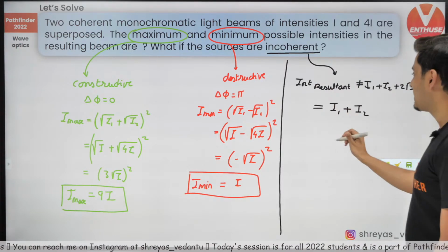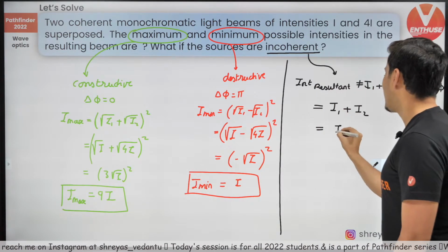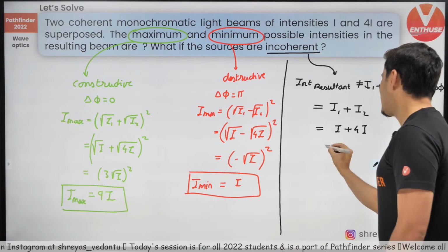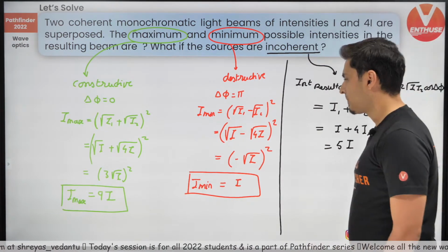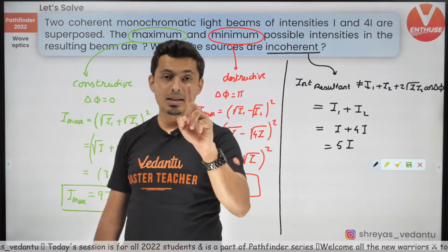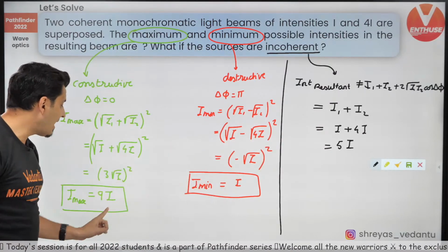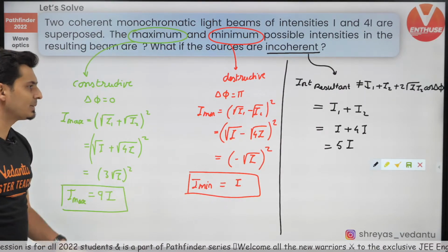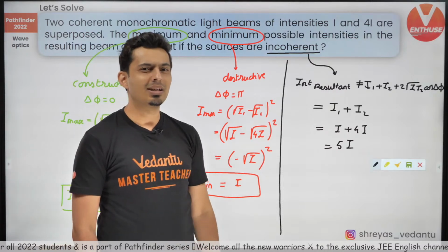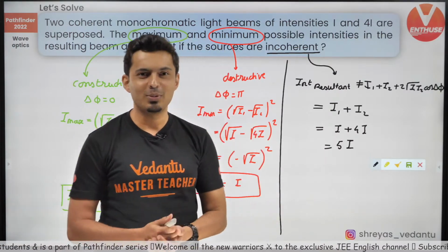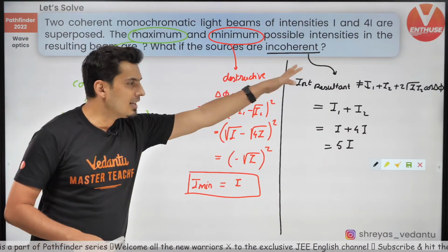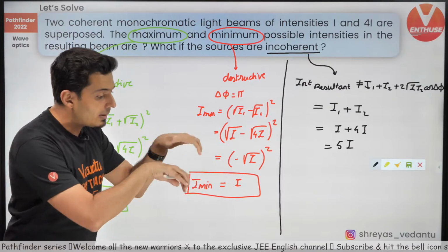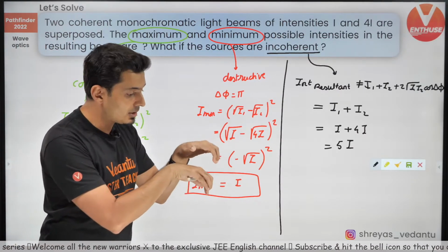You just do the simple addition, and that will be nothing but I plus 4I, which is just going to give you 5I. In fact, if you notice, 5I is the average value of minimum and maximum, and it should be. Reason? Very simple. Because they are incoherent sources, sometimes they will be in sync, constructive.